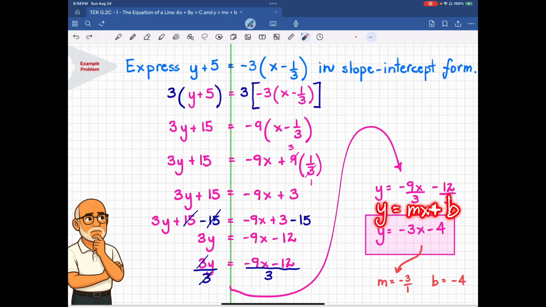So if I was writing this in true slope-intercept form, what it would look like would be y equals a negative 3x plus a negative 4, because we want to keep this plus part in the formula. Slope then becomes a negative 3 over 1, but you can also say it's 3 over a negative 1, and then we have our y-intercept being equal to negative 4.